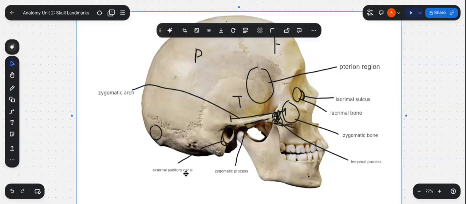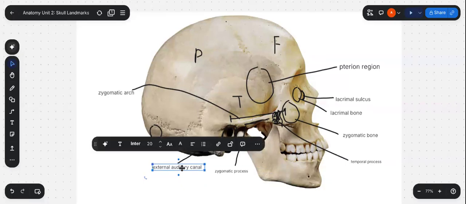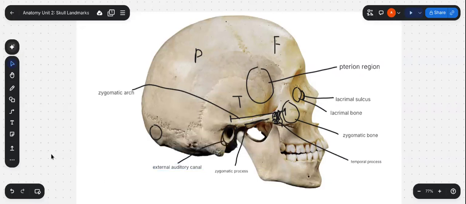External auditory canal. All right. Next up, we have the styloid process. The styloid process is going to be this little kind of fang looking thing that is going to be right next to your mastoid process.